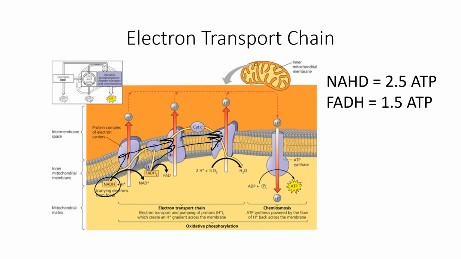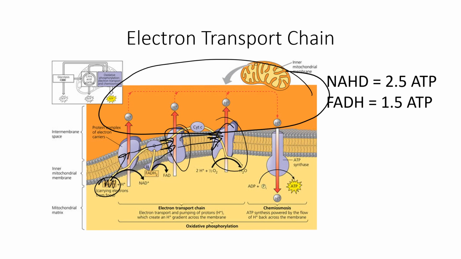So the point of saying all of this is that since the electrons from NADH contribute to the pumping of hydrogen ions within complex 1, 3, and 4, and the electrons from FADH2 only result in hydrogen ions being pumped within complex 3 and complex 4, each NADH molecule contributes more to the hydrogen ion gradient than each FADH2 molecule does.